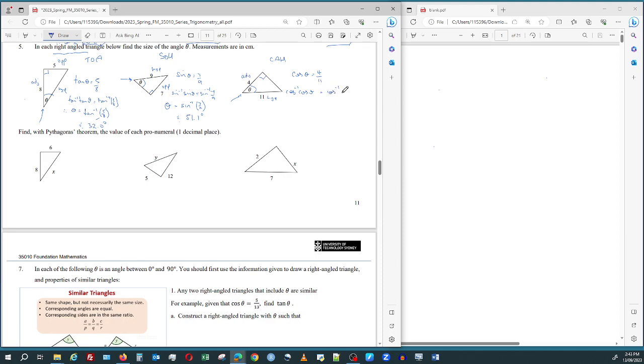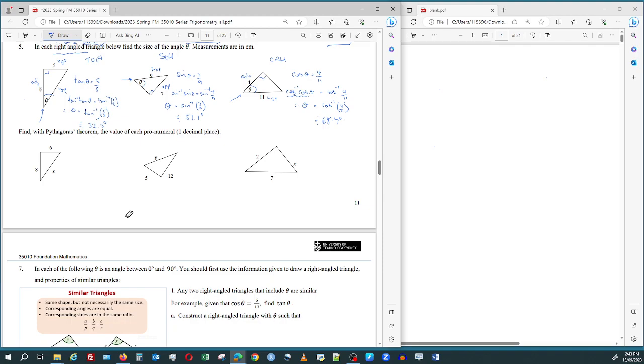So theta, because undo, is equal to cos to the minus 1, or arccos, of 4 over 11. Put it in your calculator, second function if that's what it's got, and it should approximate to 68.7 degrees, making sure your calculator is, of course, in degrees.